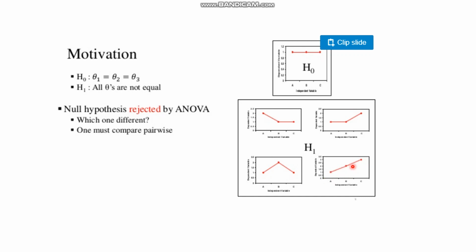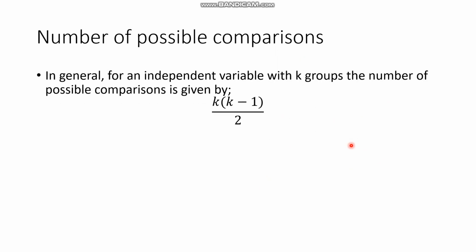A is different from B and C, B is different from A and C, and C is different from A and B. This is the story we are going to find, but the graphical interpretation is not enough, because in ANOVA we consider the variance too, more than just the mean. This is only about the mean, so we have to conduct a post hoc test.